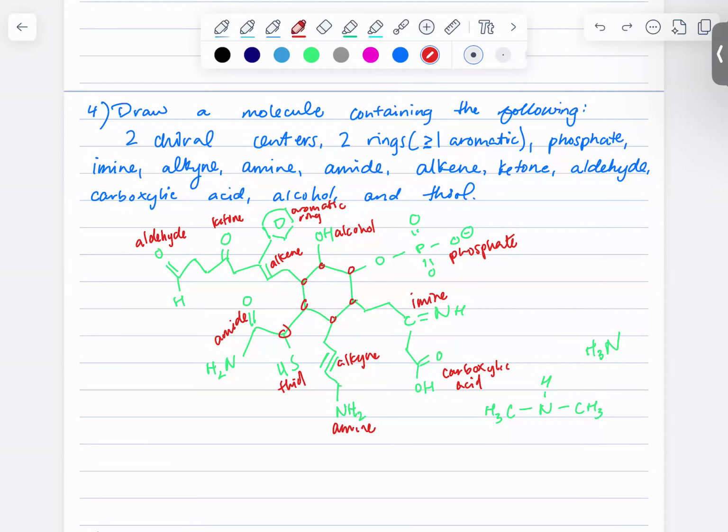The very last page of my study guide has a pretty good list of ones to know. Phosphate is, I think, the only one that I don't have on here. Other questions?